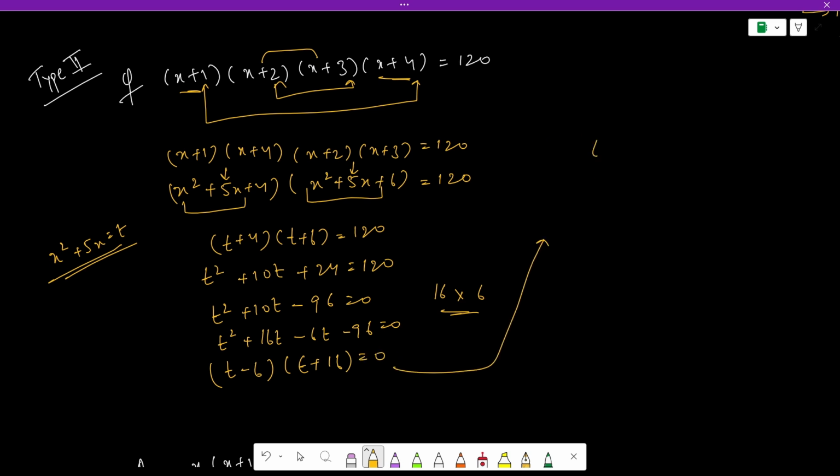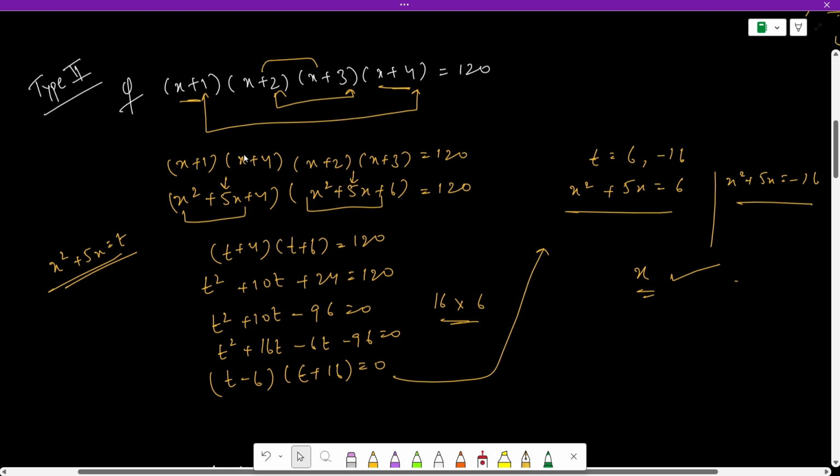Then we get t to be 6 and minus 16. Now t is equal to x square plus 5x, so x square plus 5x equals 6 and x square plus 5x equals minus 16. Now you can solve these both quadratics and get the value of x, right?